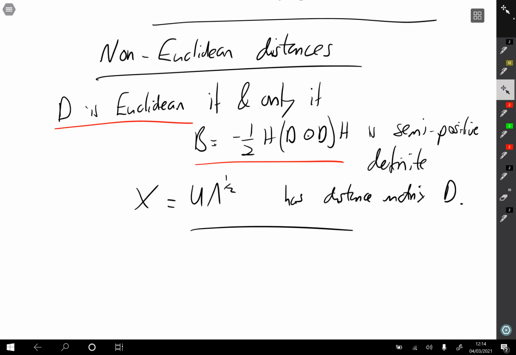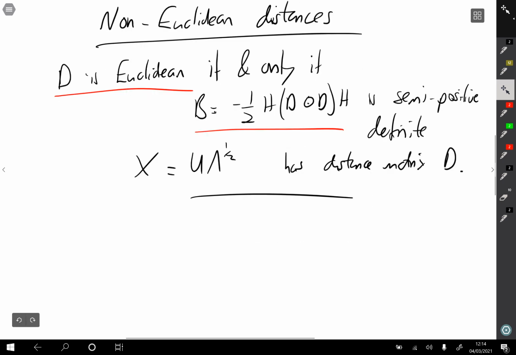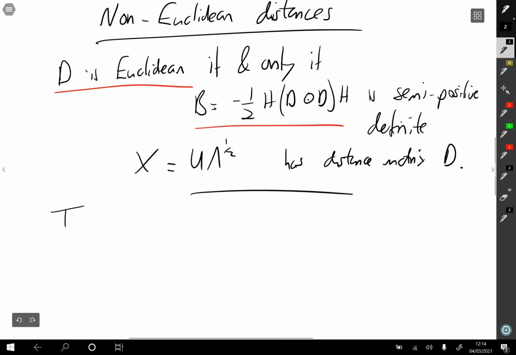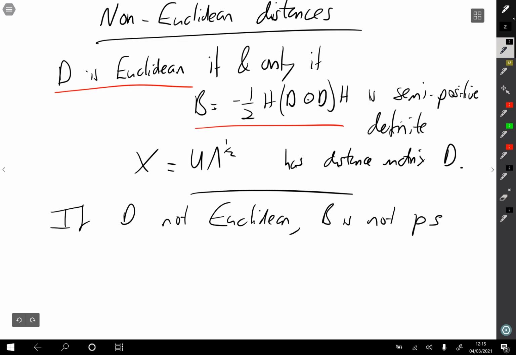So if D is not Euclidean, B is not positive semi-definite.